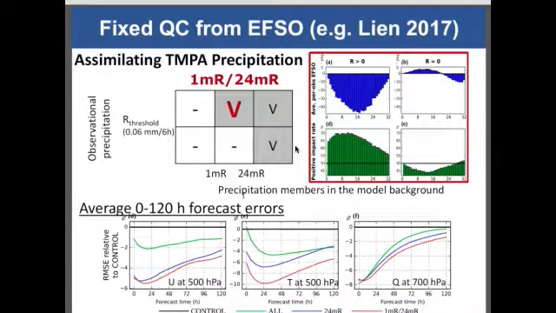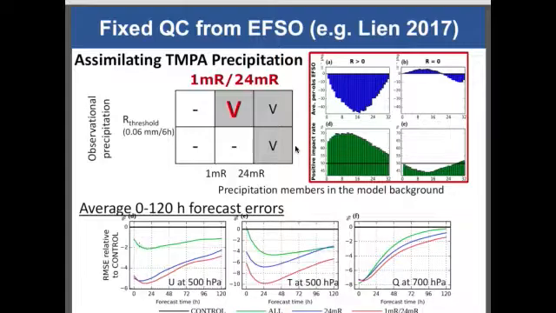So for the fixed QC I mentioned for the MODIS winds, actually Lien did something with a similar idea. At the time he was trying to effectively assimilate the precipitation, and he found a way by doing a Gaussian transformation. If he assimilates all the precipitation data, then he gets this kind of improvement up here, the first one.